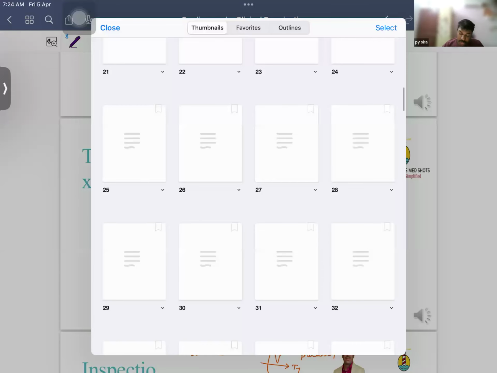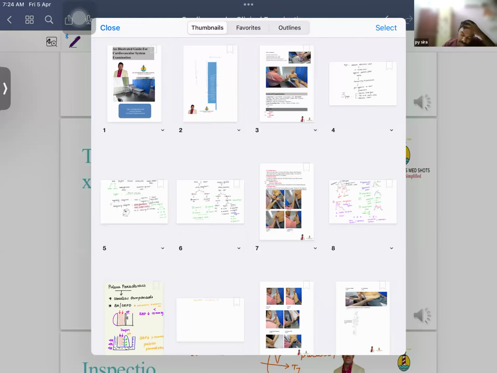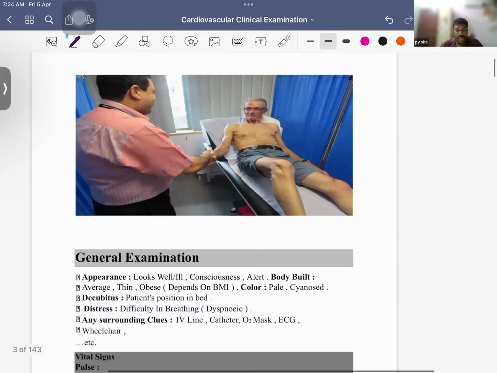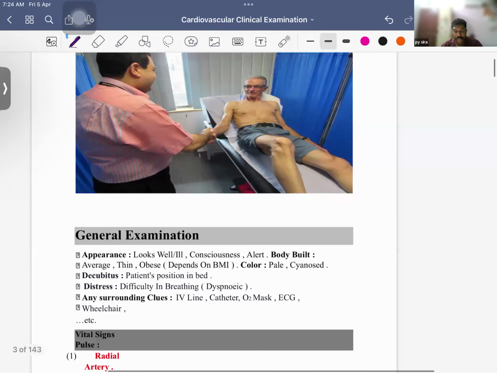Next is the cardiovascular system. We'll continue tomorrow. Ultimately we'll complete everything, don't worry.